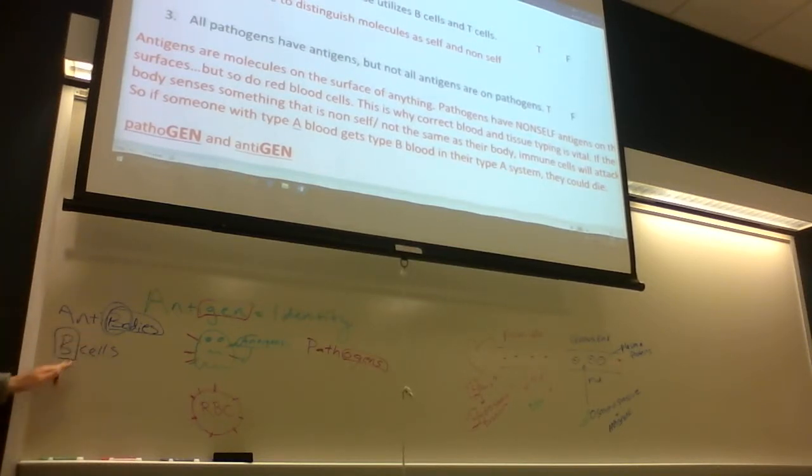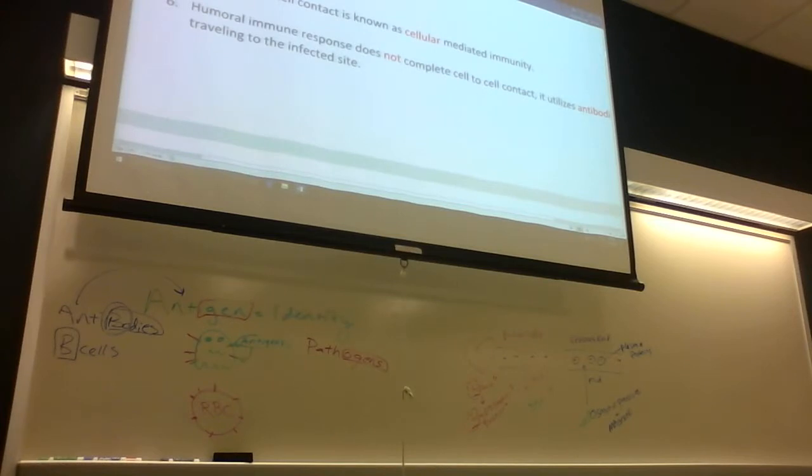So when we talk about antibodies, they attack antigens. B cells attack pathogens. That's just kind of going through, because I know the beginning portions of the word can be kind of confusing. So that is that. T cells secrete antibodies is false. B cells secrete antibodies, just like how I highlighted over here, B cells and antibodies.